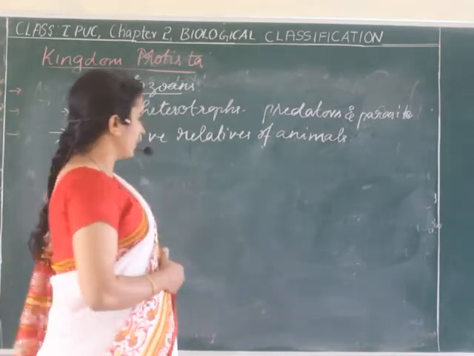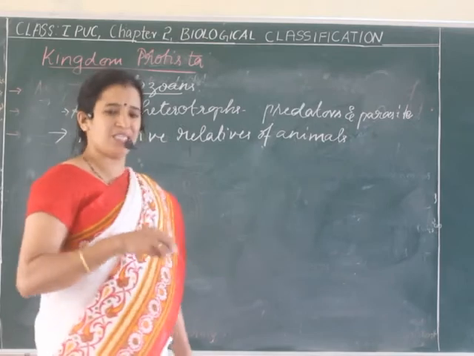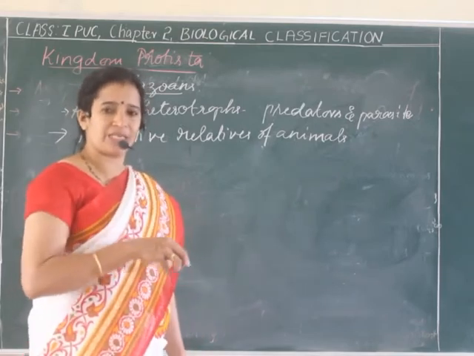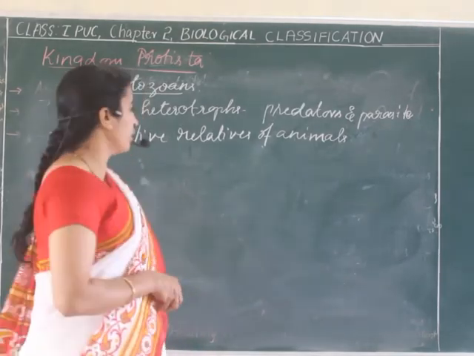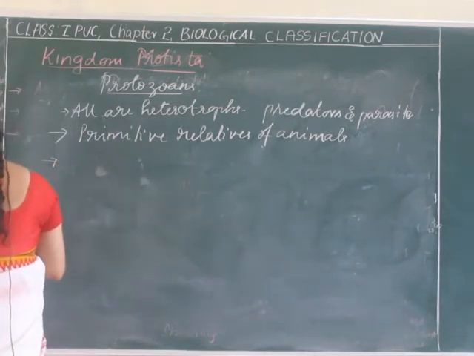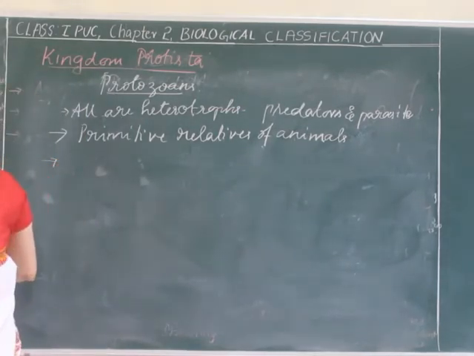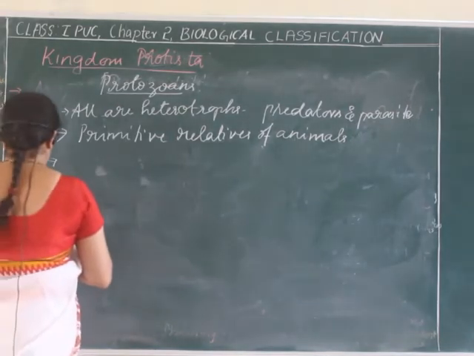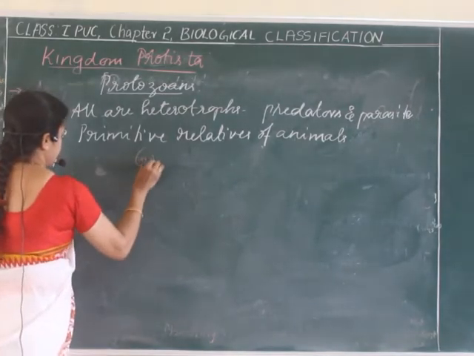So we say that its features are almost similar to animals, and it is considered as primitive relatives of animals. Now, what are the groups of protozoans?